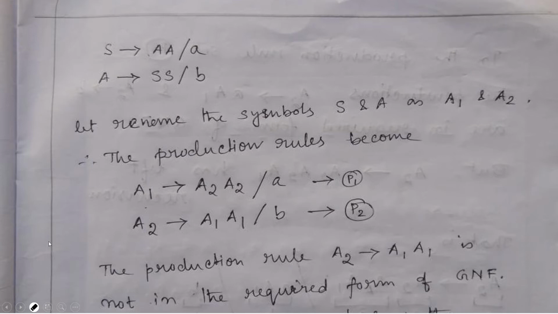You see, let's rename the symbols S and A as A1 and A2. Okay, the production rule becomes A1 to A2A or small a. I have written A1 here because I consider this the start symbol, right?